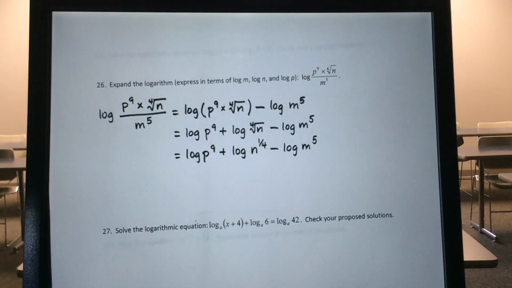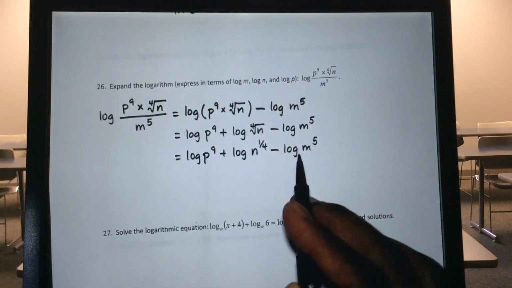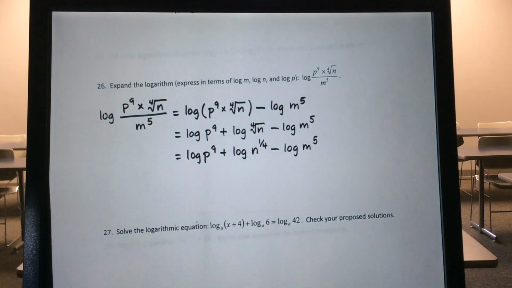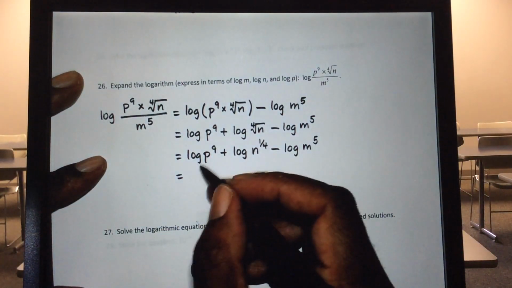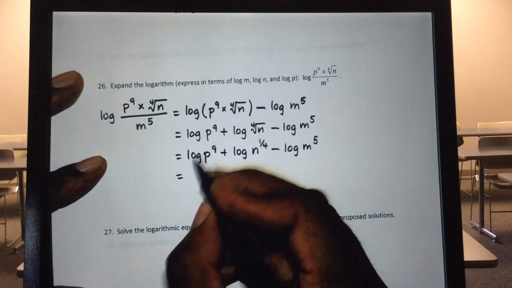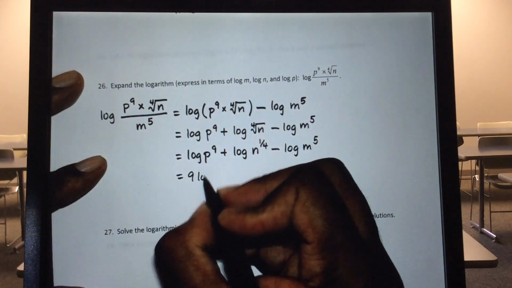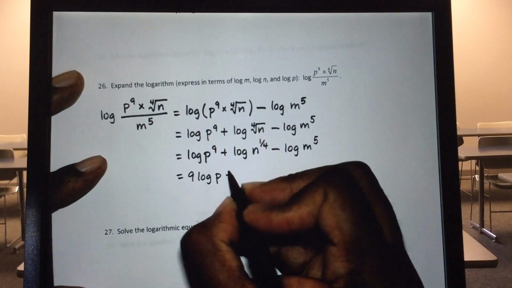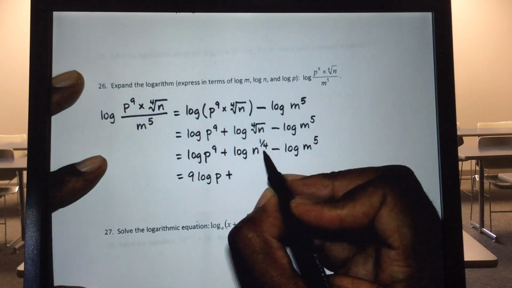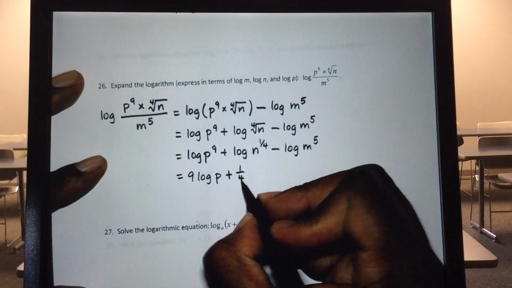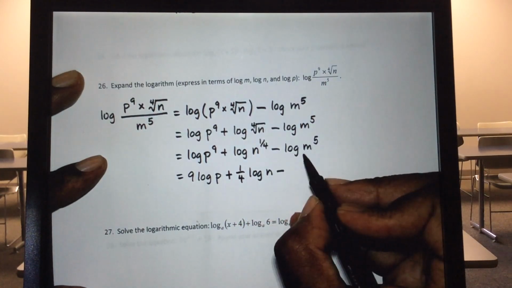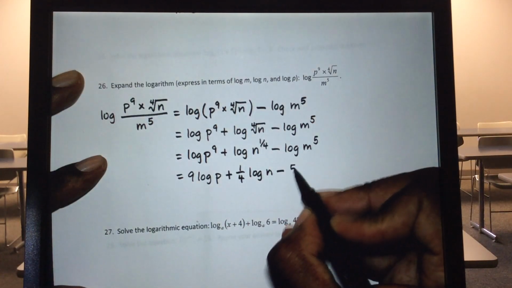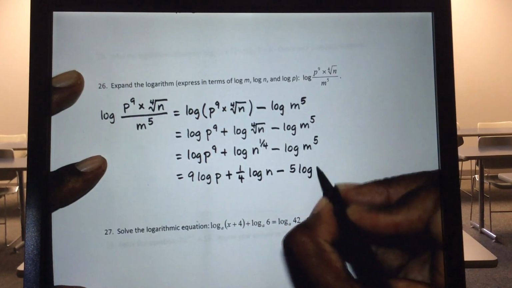Now each term I'm going to apply the power rule by bringing the exponent in front of each logarithm. So for log of p to the 9th, I'm going to pull the 9 in front, so it'll be 9 times log of p, plus for log of n to the 1/4, that 1/4 will go in front of log of n, and then minus log of m to the 5th, that 5 will go in front of the log of m.